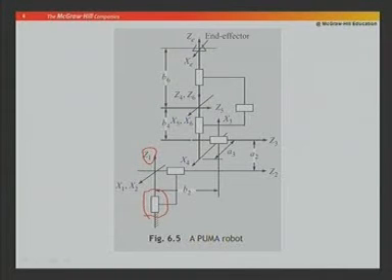Then I have, this is Z1, then I have my shoulder motion, and for which I have this joint axis Z2. Next, parallel to the shoulder, I have an elbow motion, which is shown as axis Z3. With this, I am attaching the wrist. So, up to this much, this is like my articulated arm.